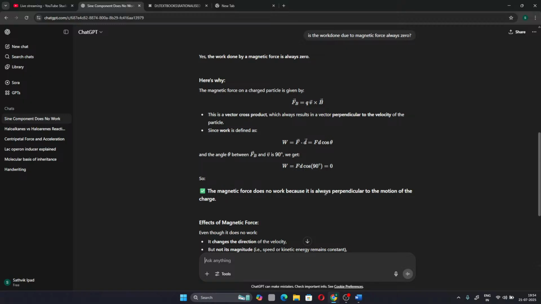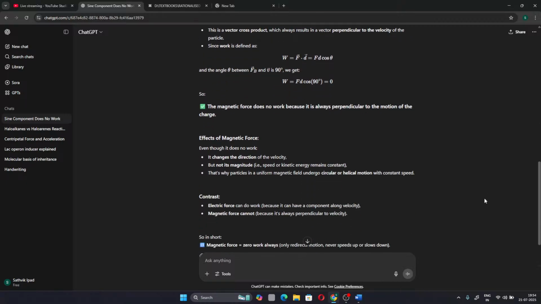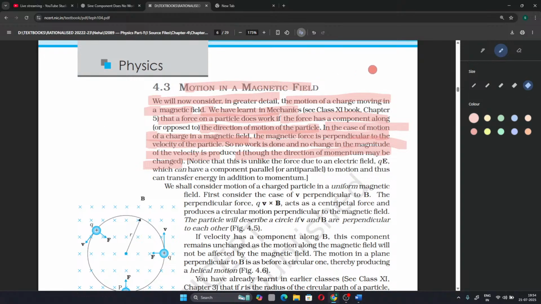The magnetic force does no work because it is always perpendicular to the motion of the charge. It just changes the direction of velocity, but not its magnitude. Speed or kinetic energy remains constant. Speed will remain constant, but velocity, as it is a vector, will continue changing due to direction. That is what they're saying here.